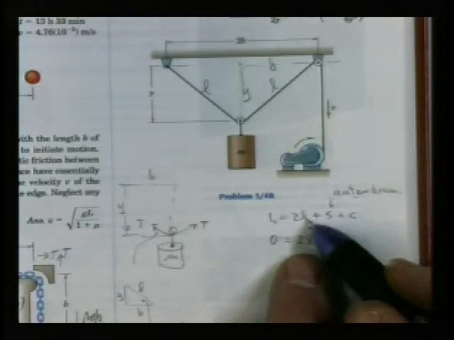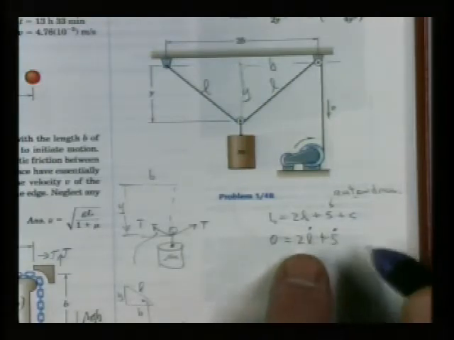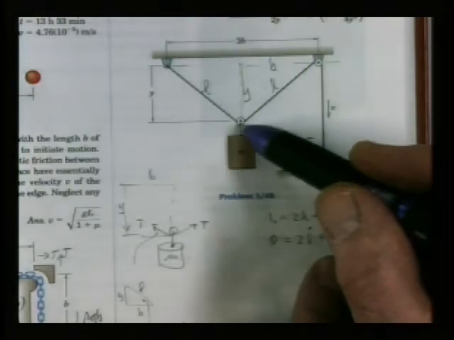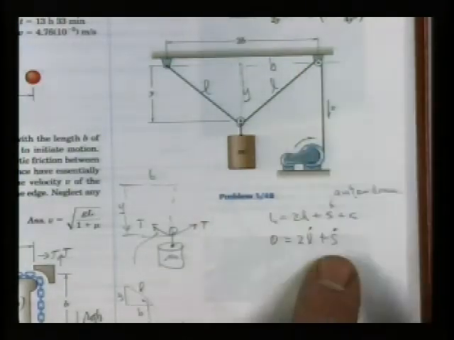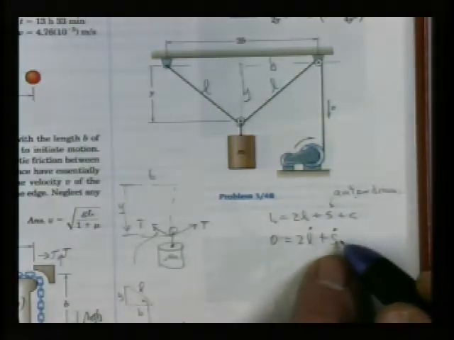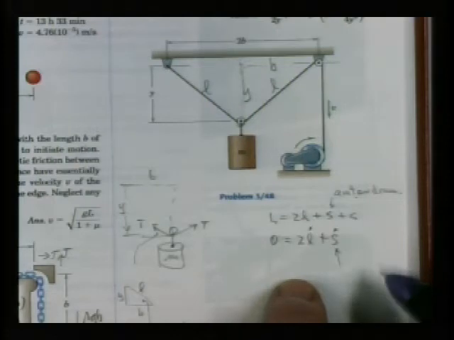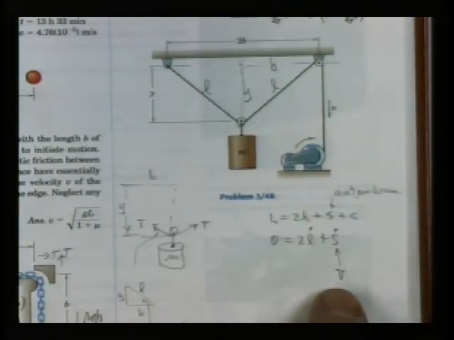The derivative is 2L dot plus S dot, and the derivative of the constant part between the tangencies on the pulleys disappears. So you get this relationship, and this S dot happens to be what? V. That's the defined V value. You were probably okay with that?